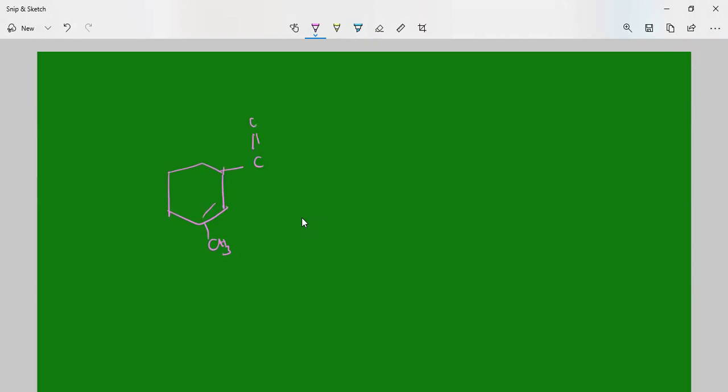COCH3 is present like this. So in this, we have inductive effect possible, positive inductive effect, and also we have resonance effect or mesomeric effect possible. At the same time, hyperconjugation is also possible.